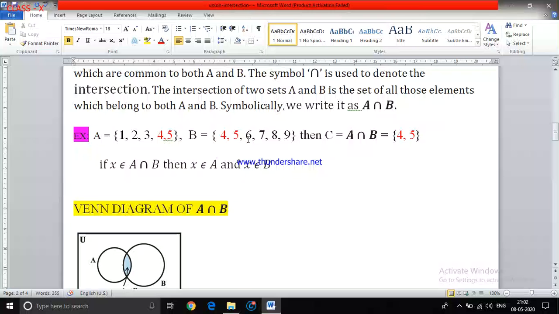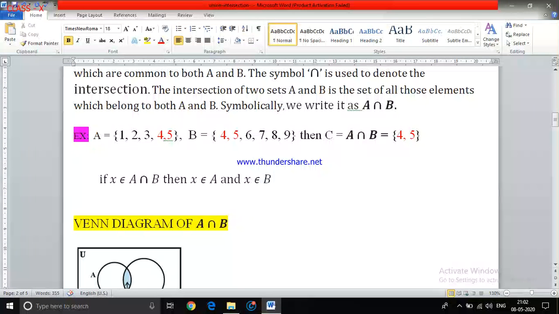Understood? Now, what is the case? Let me take another example here. If I take C equals 1, 2, 3, 4, then I'll take D equals 5, 7, 11.